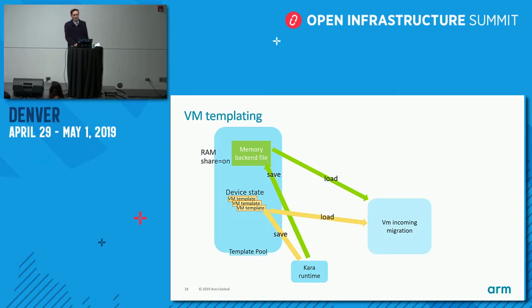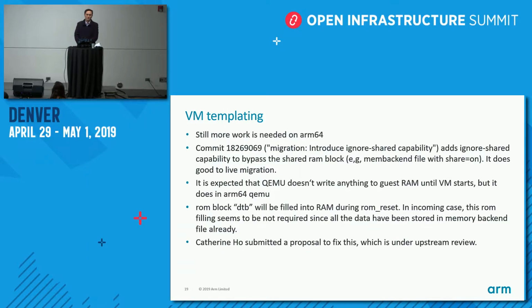This feature was first introduced by Lai Jiangshan, and then Peng Tao pushed it into Kata's QEMU. Finally, upstream merged Yuri's commit maybe in February this year, 2019. But still more work is needed to improve this feature on ARM64.